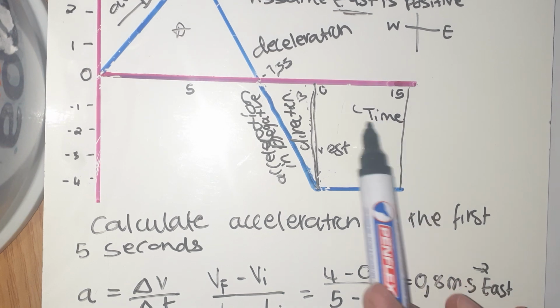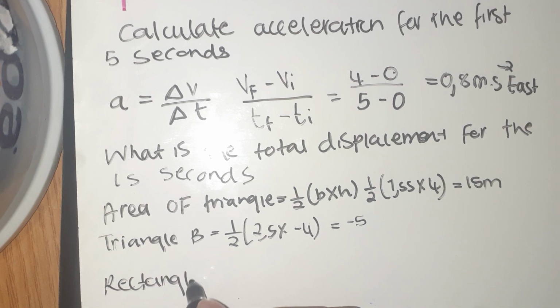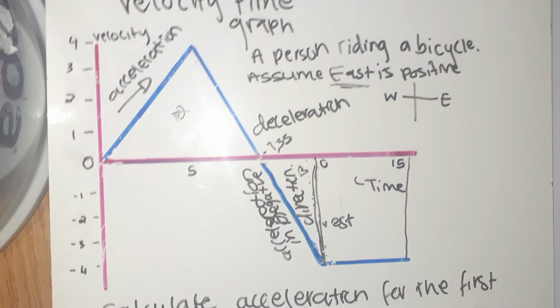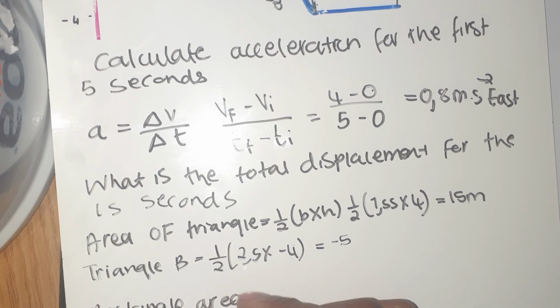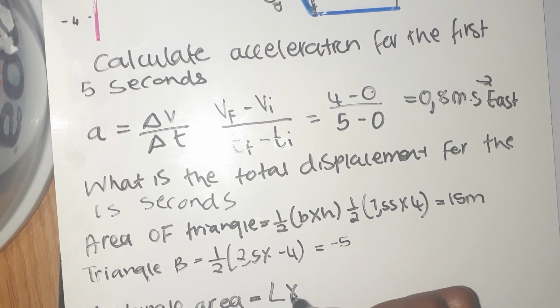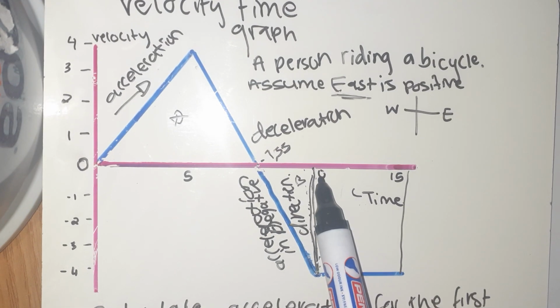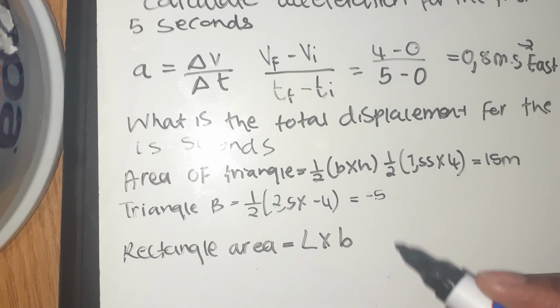And then for this part, we have a rectangle, it's not a square. Rectangle area equals length times breadth. The breadth is from 10 to 15, and that is 5.